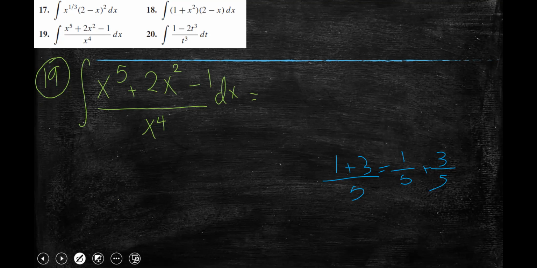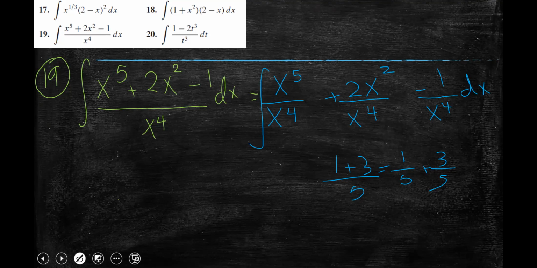Be careful. I will distribute: x to the power 5 over x to the power 4, plus 2x squared over x to the power 4, minus 1 over x to the power 4 dx. So don't forget, be careful.